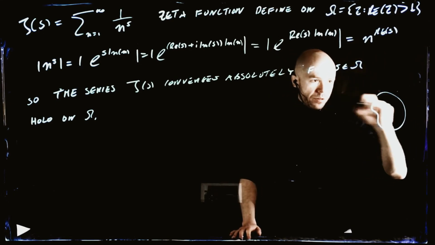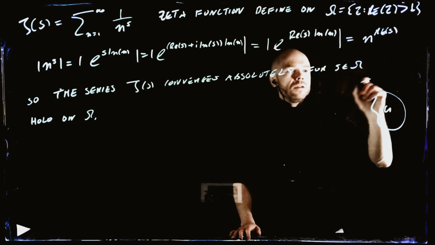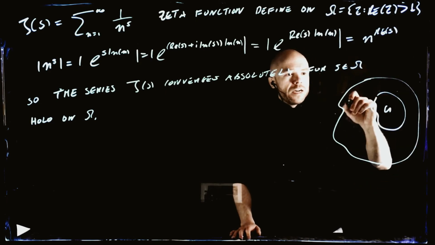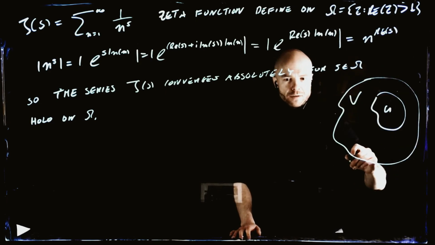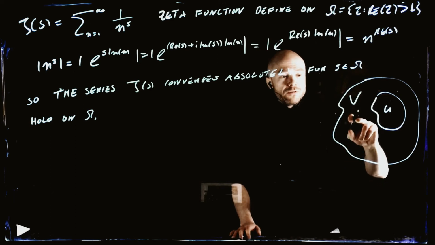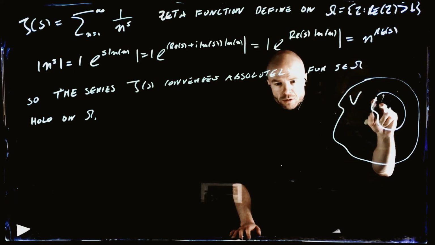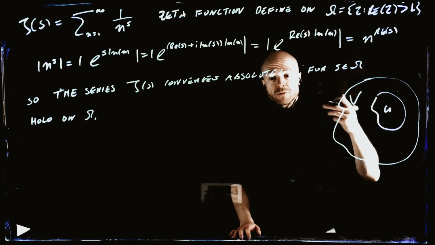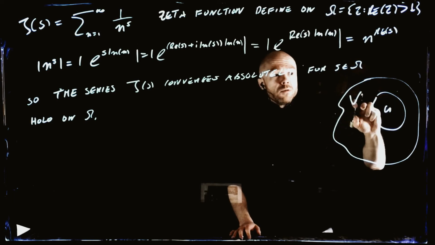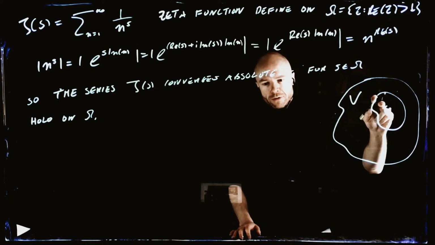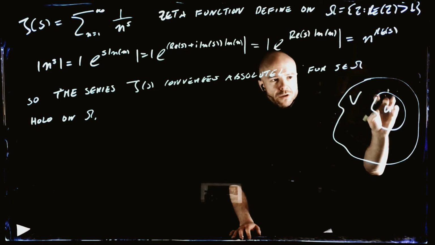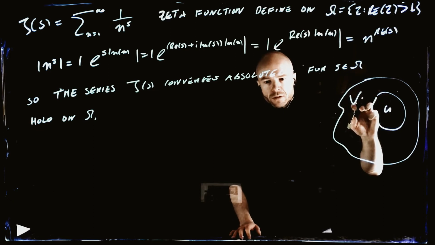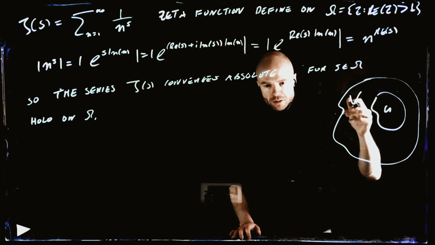If we have some U where we have a holomorphic function, and then some V outside where there's a holomorphic function defined on V which agrees with the one on U, then that is the unique extension. If that wasn't true, we would have two different holomorphic extensions on V, and then we take the difference and would have a function which is 0 on U but non-trivial on V, and that's not possible for a non-trivial holomorphic function. That's analytic continuation.